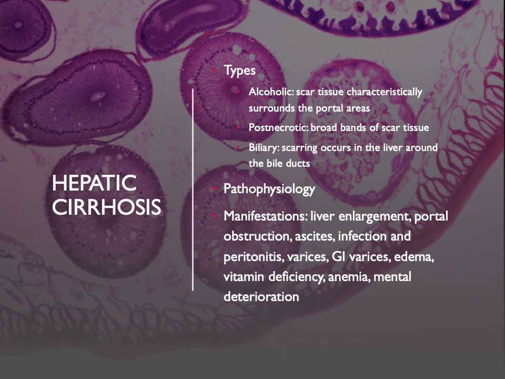GI varices, again, that's the issue we talked about a little earlier, the obstruction of blood flow in the liver. So you have fibrotic changes, and then you have collaterals, all these blood vessels in the GI system and shunting of blood from the portal veins. You get all these alternate blood circulation outlets that are trying to create new vasculature.